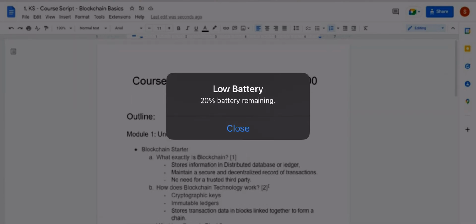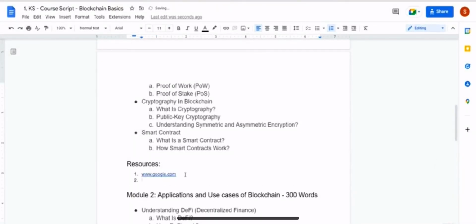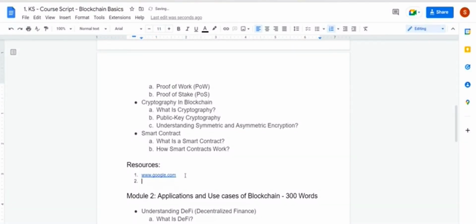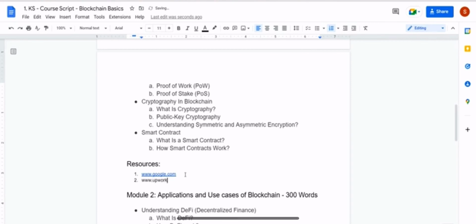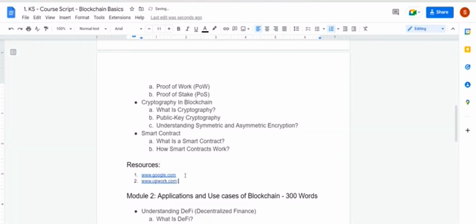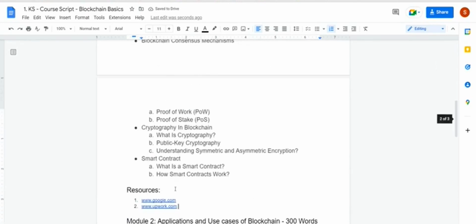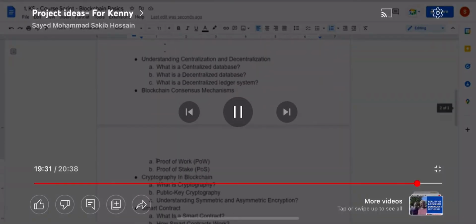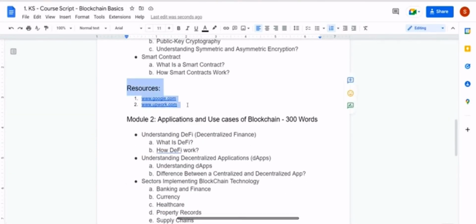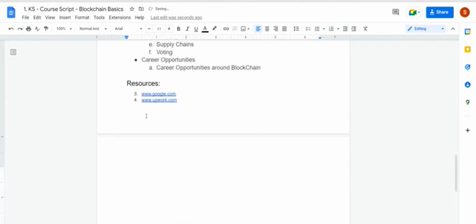Suppose for two, let's say www.upwork.com. You are getting number two from upwork.com. This is module one, and module two might have the same style of writing. So you can put it out here.